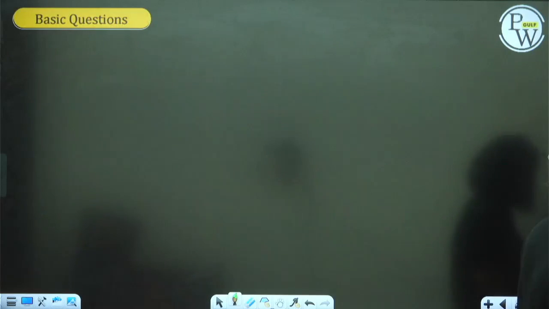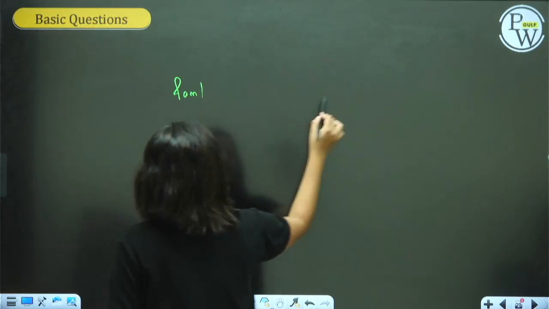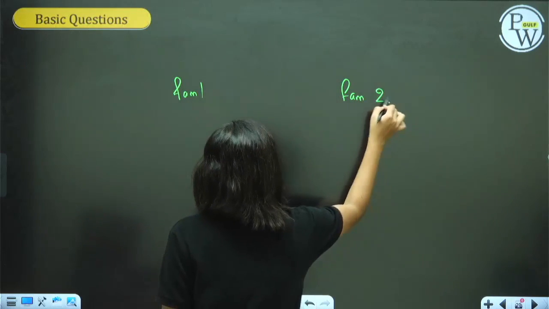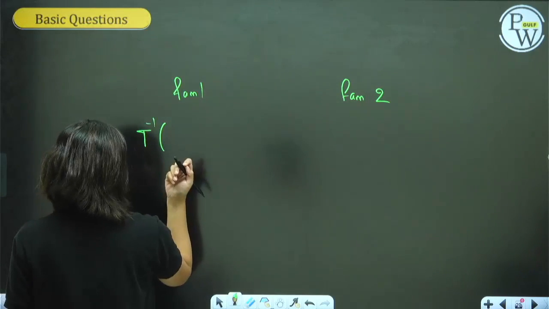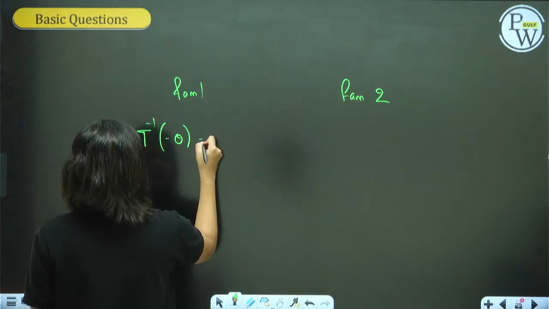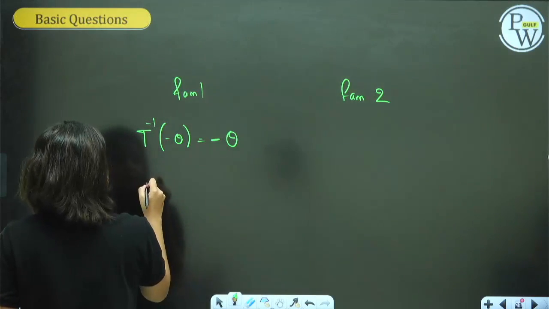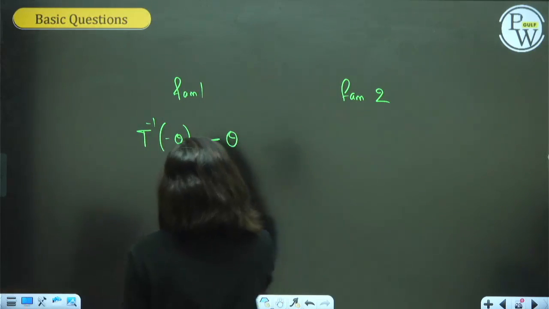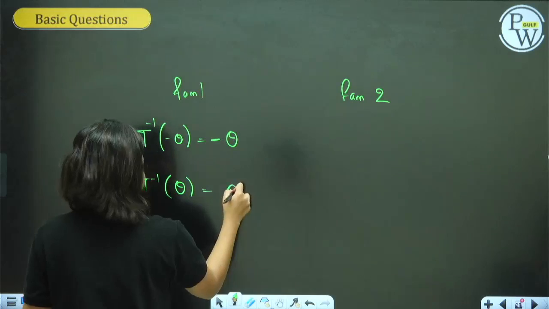Alright, are we able to understand? Family 1, family 2. In family 1, whenever you have a trigonometric function of a negative angle, the answer is simply minus taken out. And if it is plus theta, the answer is as it is.